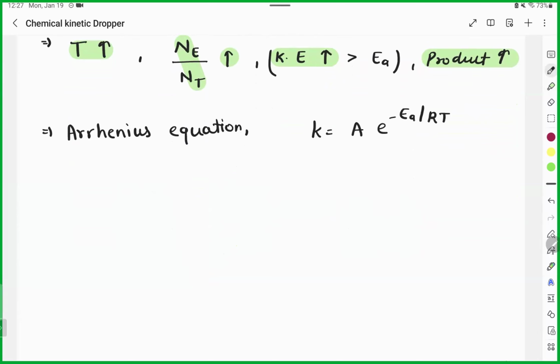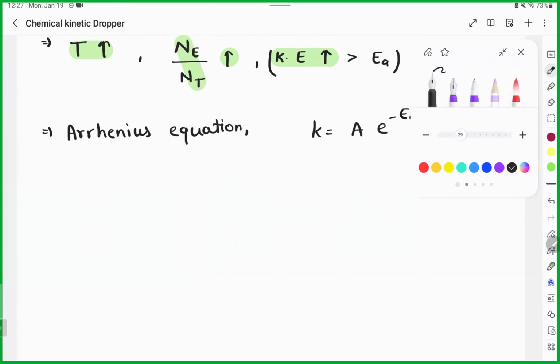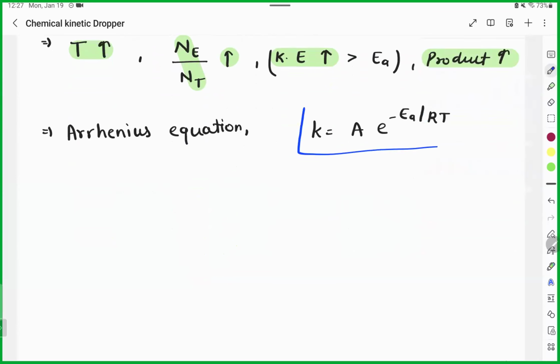So in this Arrhenius equation, what does this e raised to power minus EA by RT mean? It simply means the number of molecules that have energy equal to or greater than the activation energy.